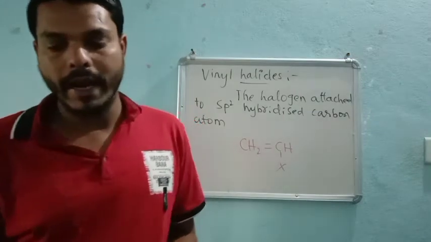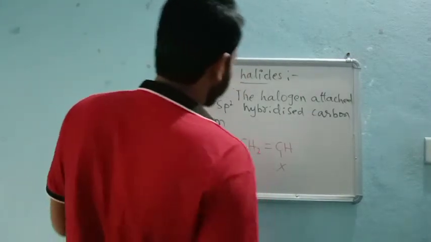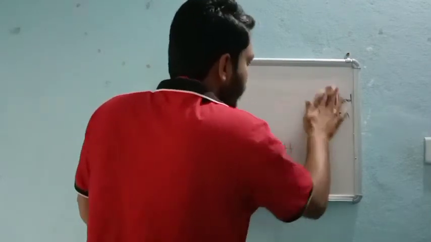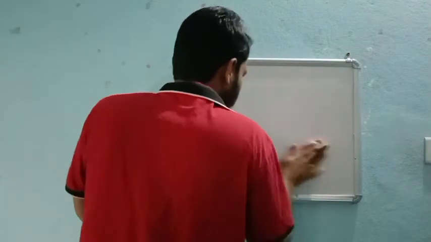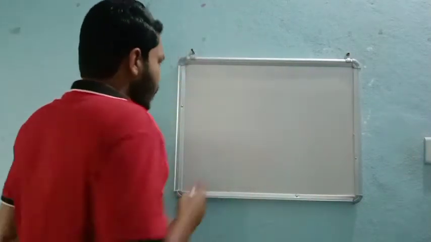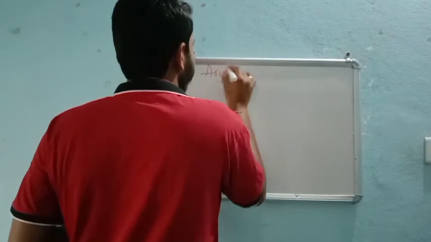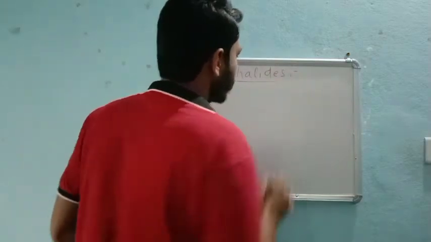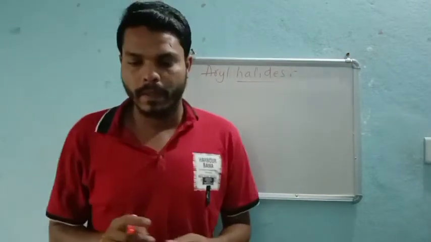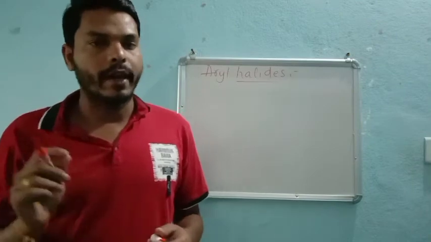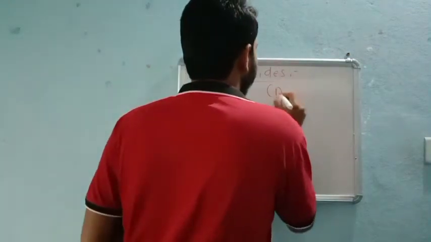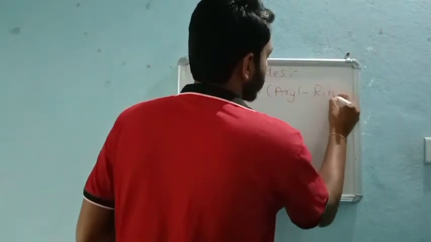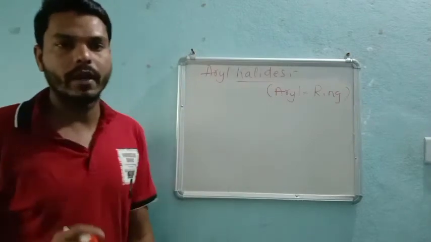And last, aryl halides. If you compare these 4 definitions, it will look very simple, right? See the definition? It is also very simple. Aryl means a ring. If you want, you can make this important: aryl means ring structure.